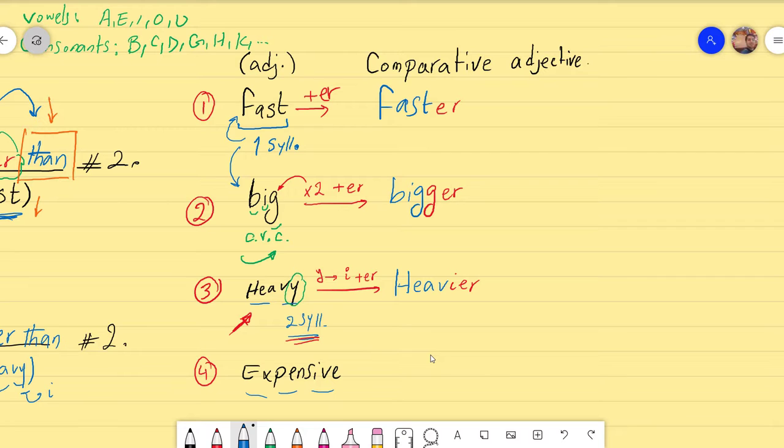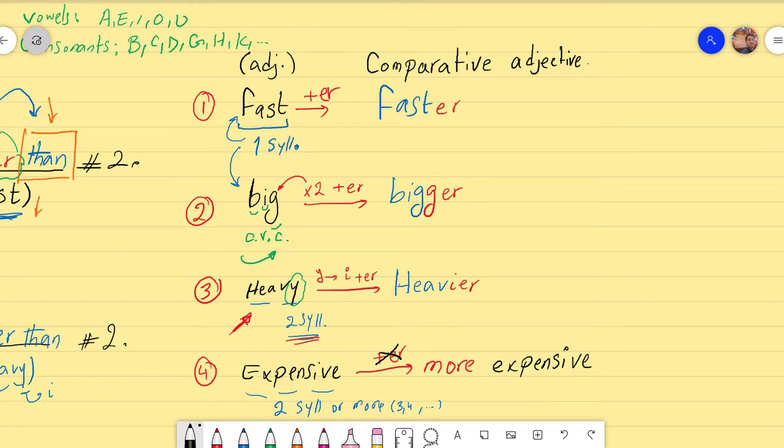So, for the adjectives that are 2 syllables or more, means 3 syllables, 4 syllables, or even more, what do we do? Do we add ER? No. What we do is that we add more before the adjective.